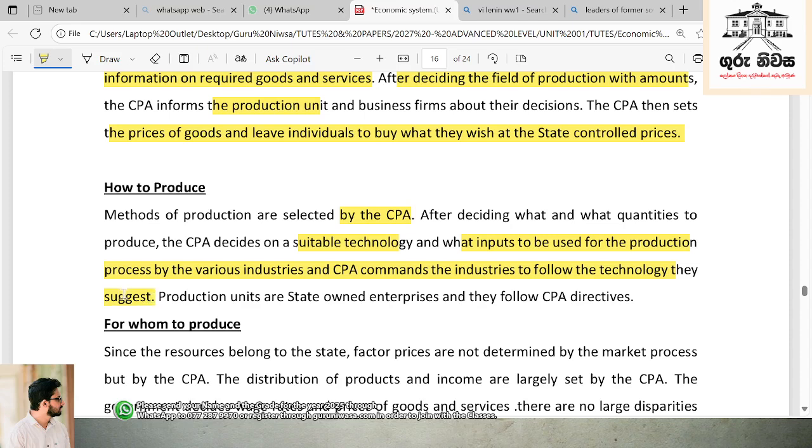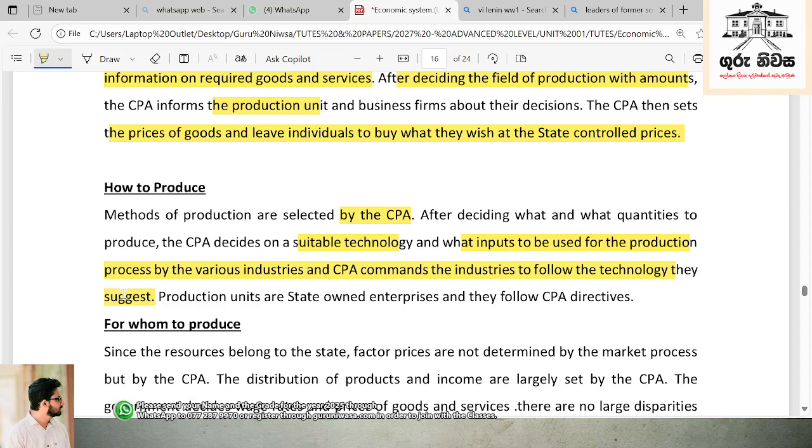Every production unit has to follow government rules. But normally in a command economic system, they use labor intensive techniques to generate more job opportunities, because the government is responsible for creating jobs.